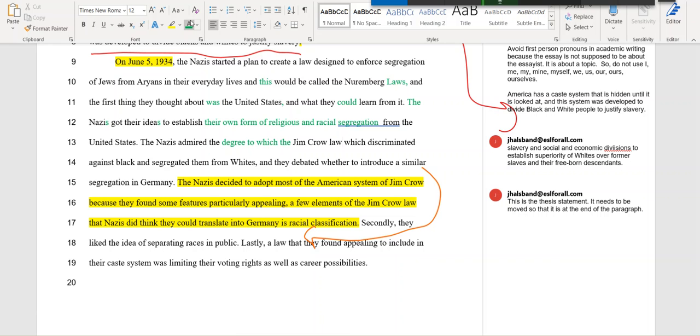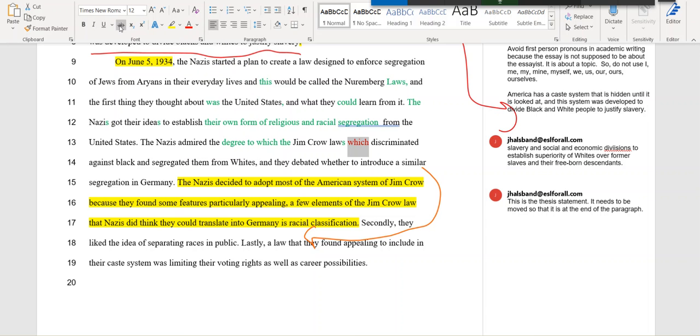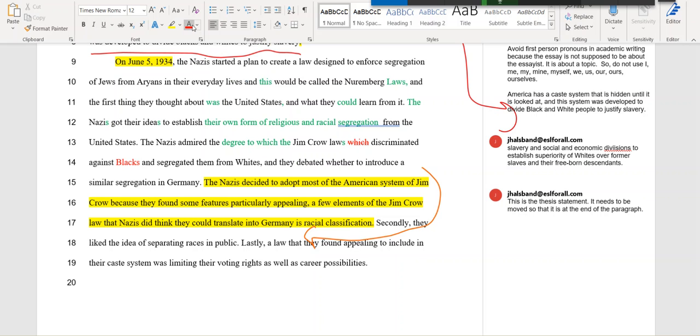This Jim Crow was not just one law, it's many laws. And they debated whether to introduce a similar segregation in Germany.